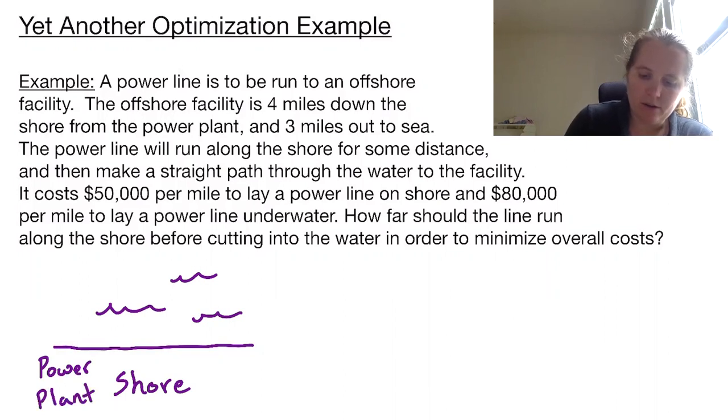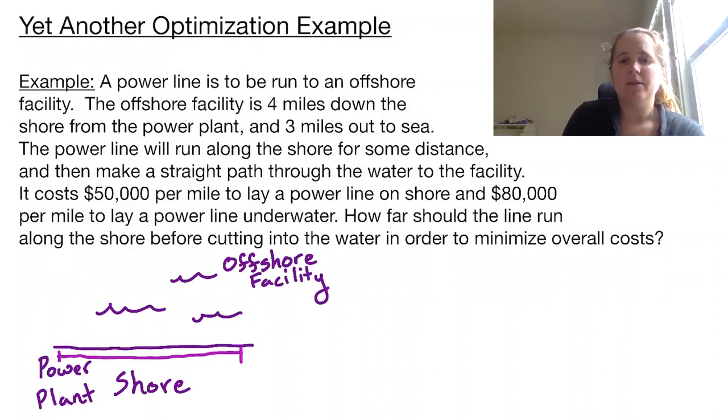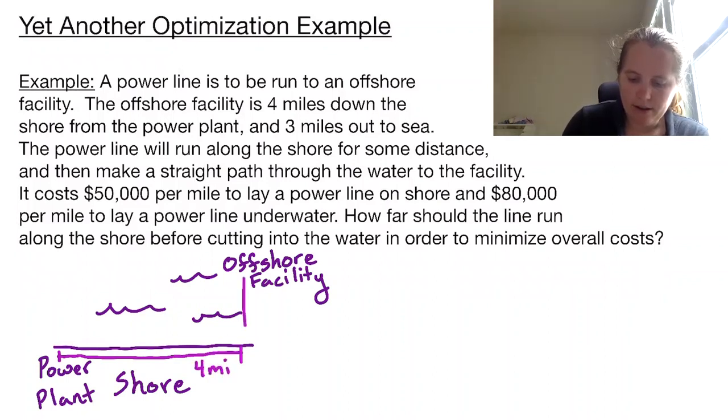And then we have our offshore facility. And we are being told that the horizontal distance, the distance along the shore, is 4 miles. And then the distance going straight out to sea is 3 miles.